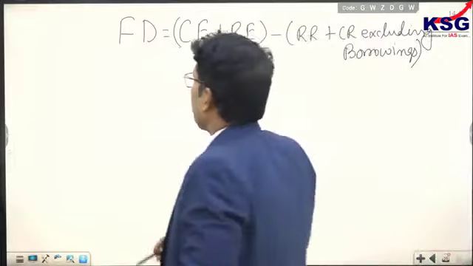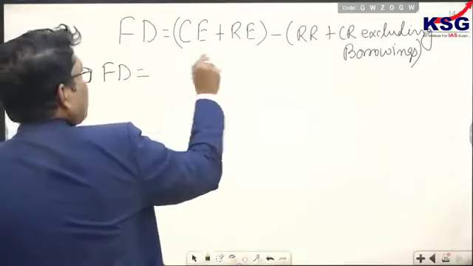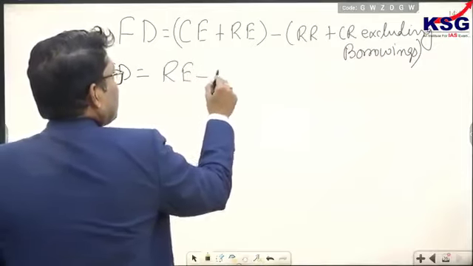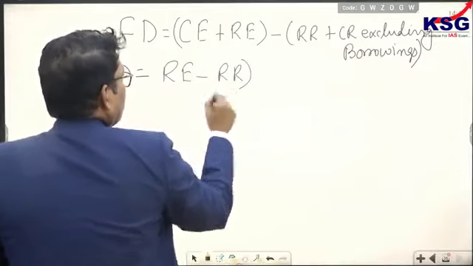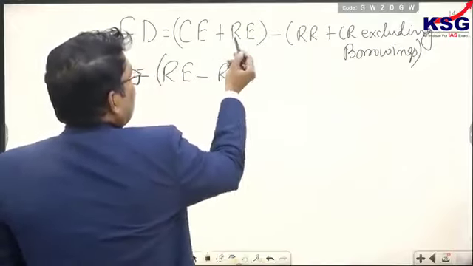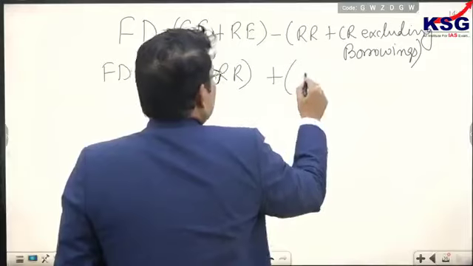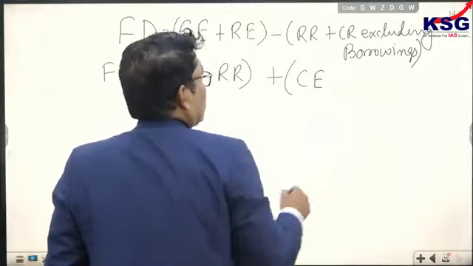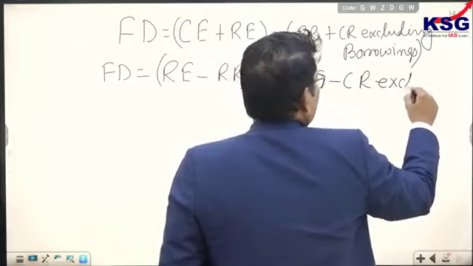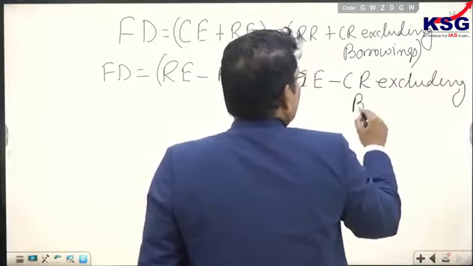Now, the same FD you can write in this format, just break it: revenue expenditure minus revenue receipts. I just open this bracket and write RE with RR, plus we can write CE minus CR excluding borrowings.